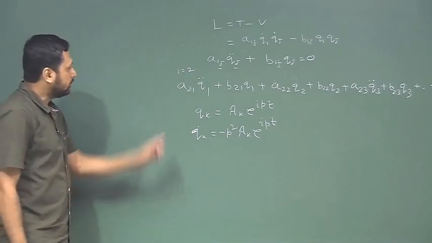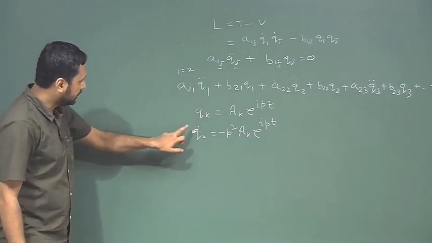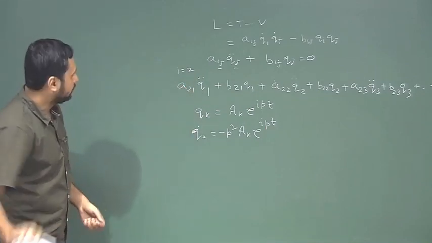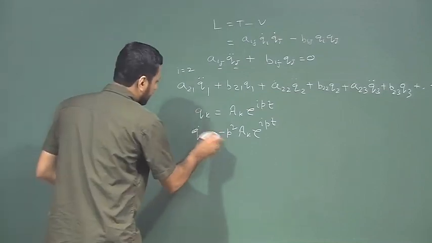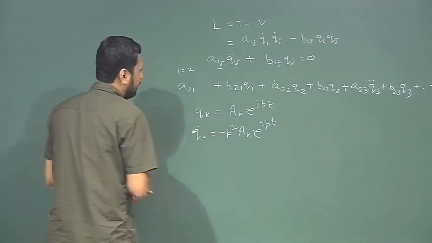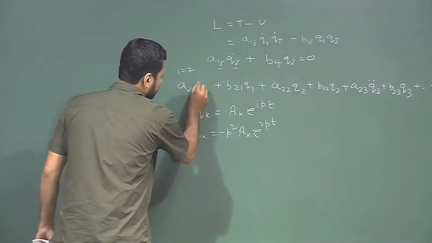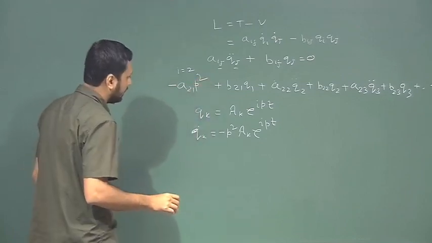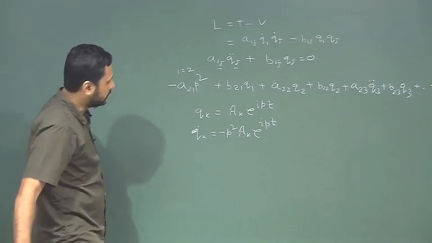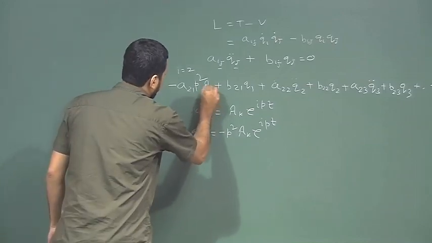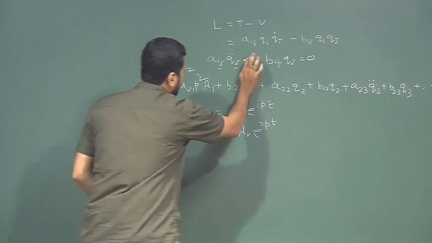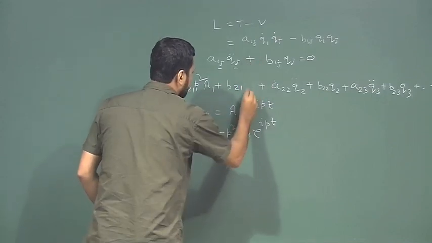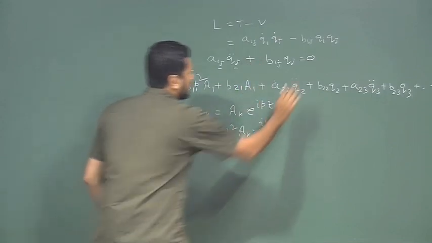Now, if I substitute that for q double dot, for the first term for example, we will have minus p square, and it will be simply A_1.